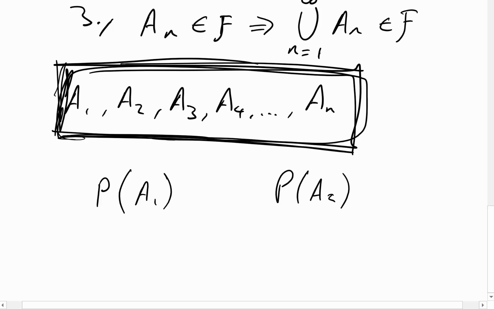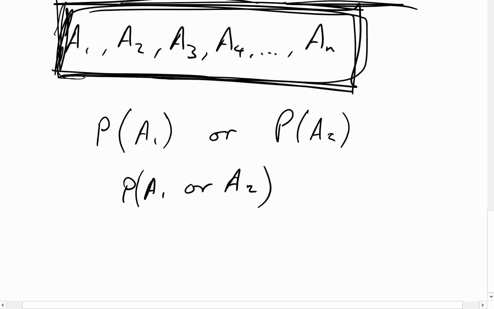Because I can take the union of them, and that's still going to be inside F, I can talk about the probability of A1 happening or A2 happening, and the notation for that is A1 union A2. So that's kind of where that comes from.